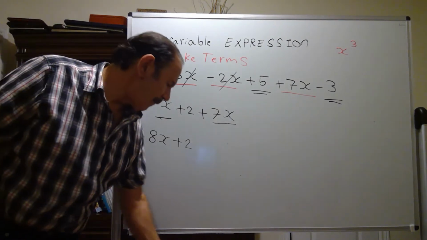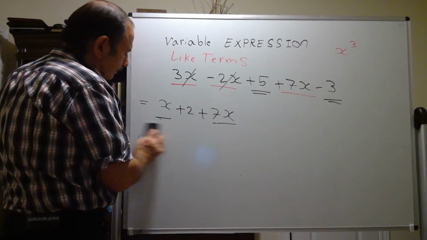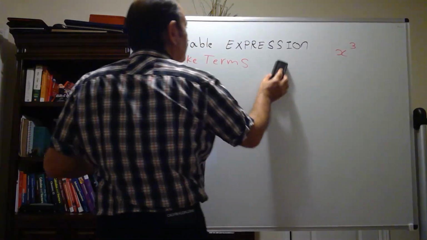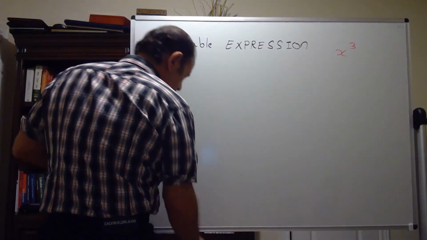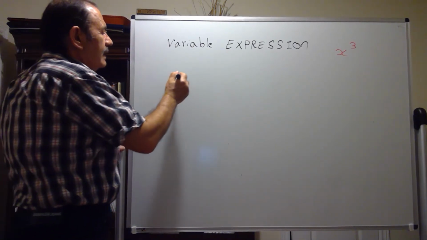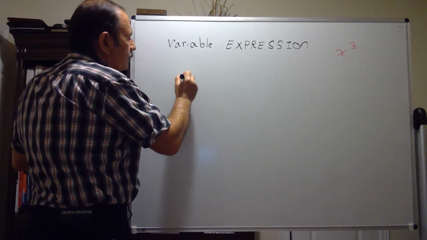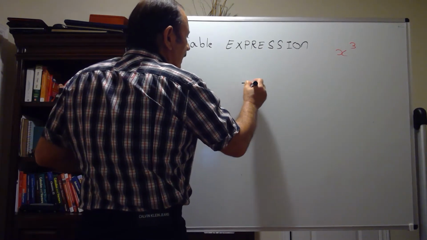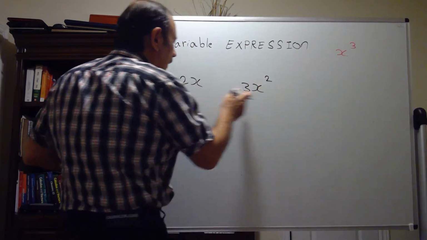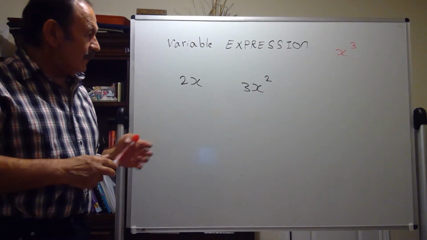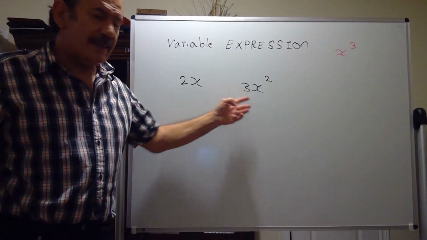Now, remember, x, 2x, and 3x squared. Are these like terms? Let's look at this one. They have the same base.